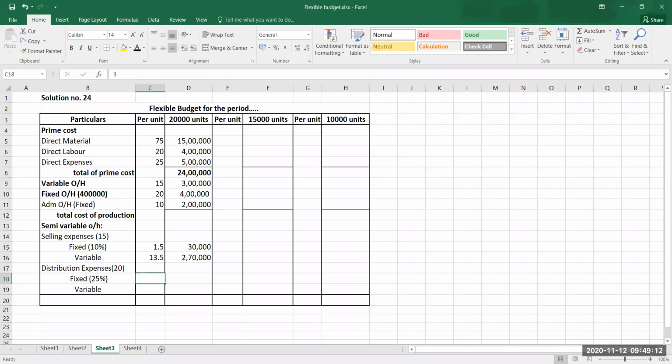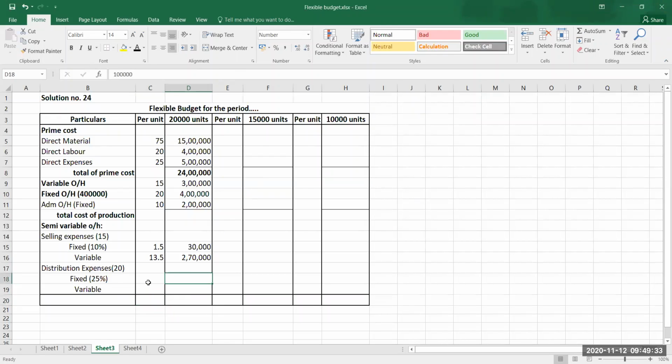Yes or no? Have you calculated? 5 rupees. So you will get as 5 rupees. And here the remaining will be 15. Okay, so that will be the fixed proportion of the cost.